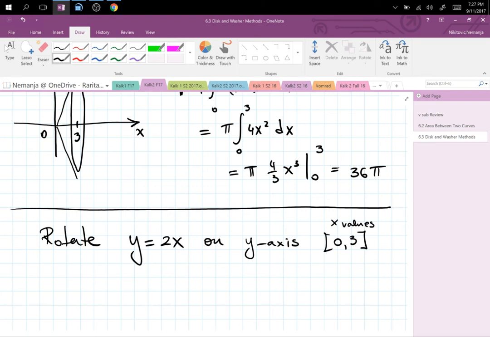So we're making a cone around the y-axis now, and we're using x values to take our segment from that cone.